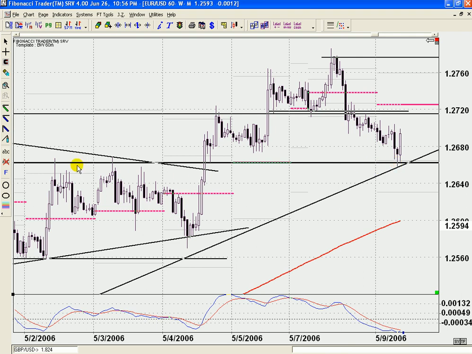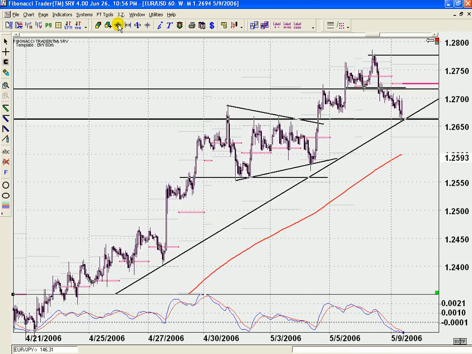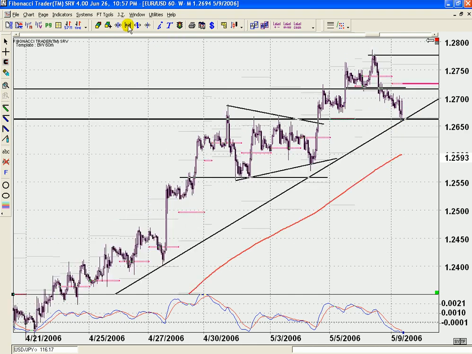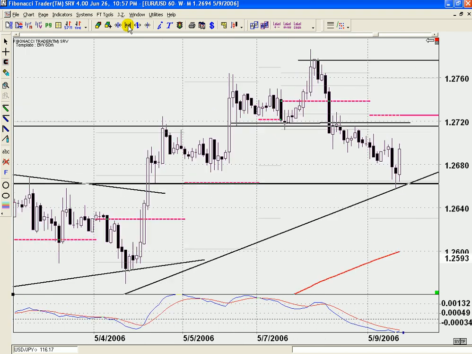We're at a key level of resistance, which becomes support, and we are also at this long-term trend line, support and resistance, and we are in a buy zone with our pivots.